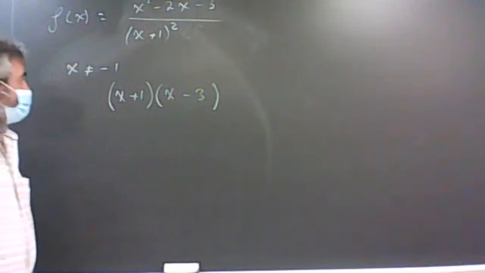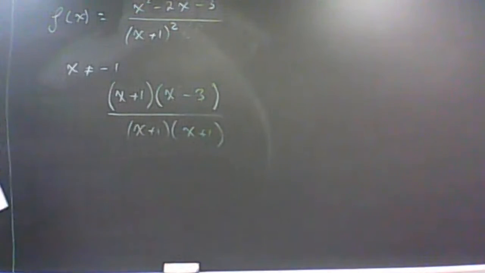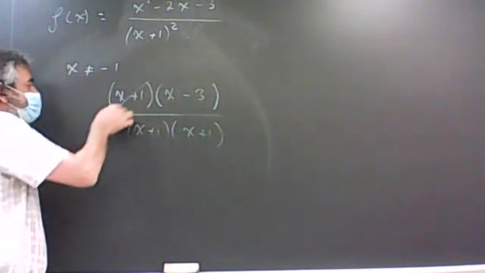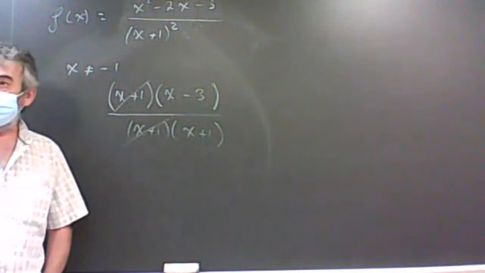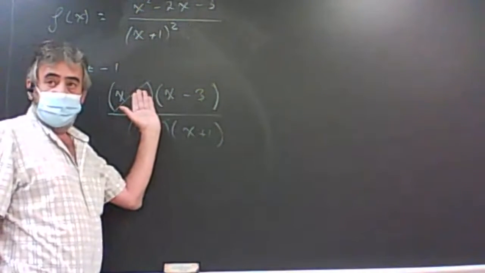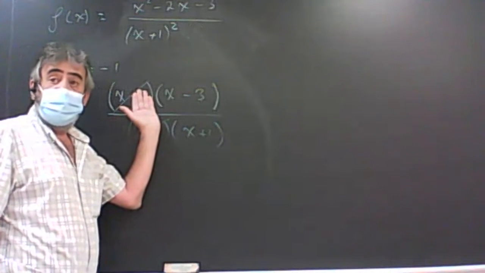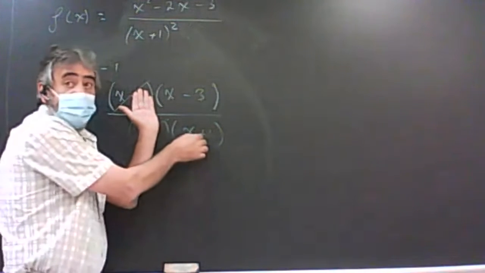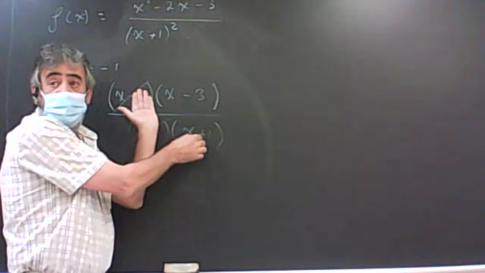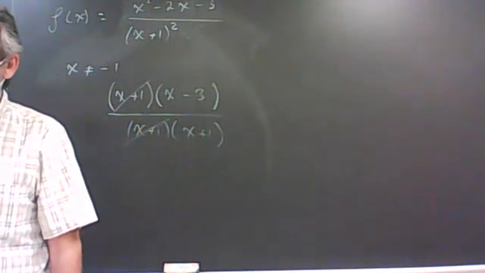Okay? So now when I divide that by x plus 1 times x plus 1, what happens? Those two cancel out, correct? But the remainder rational expression also has a -1 as an exclusion, correct?